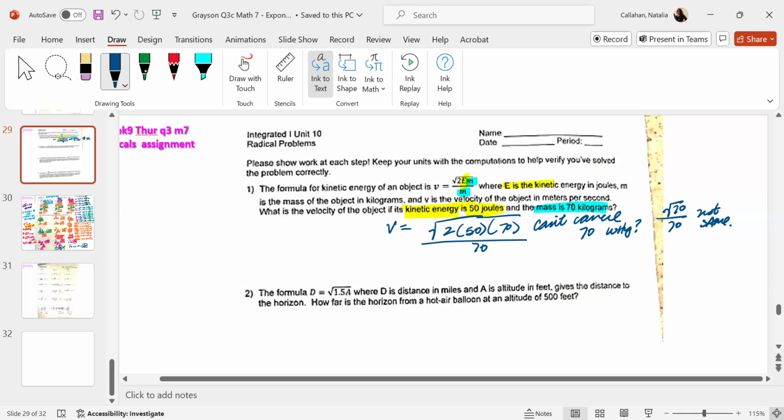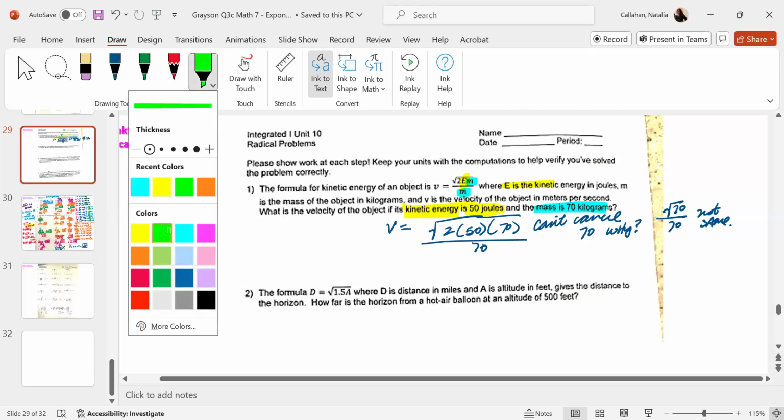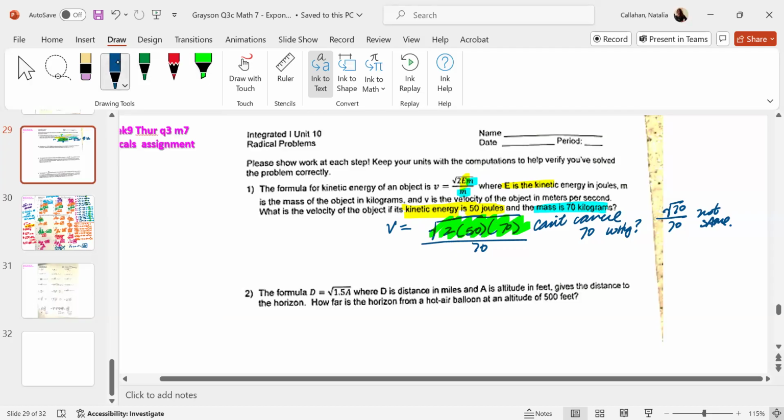Well, let's try to rewrite this part. Let's multiply everything first. So 2 times 50 is 100. 100 times 70 is 7 with 1, 2, 3 zeros, right? Do this on the side.